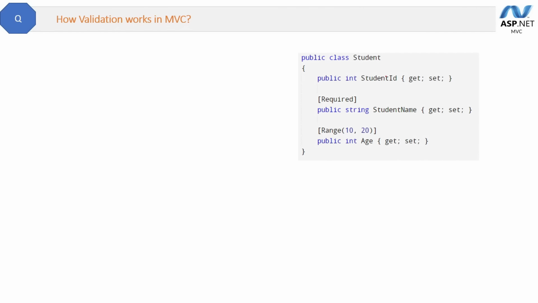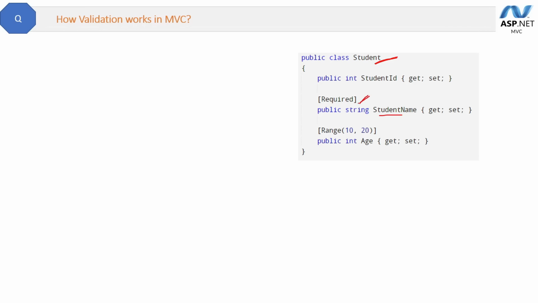How does validation work in MVC? Let me show you the code here. See, this is a model Student here, and what we are doing is, in front of the property StudentName, we have put Required. So if someone tries to enter any row in this student, it will not allow it if that student name is empty.